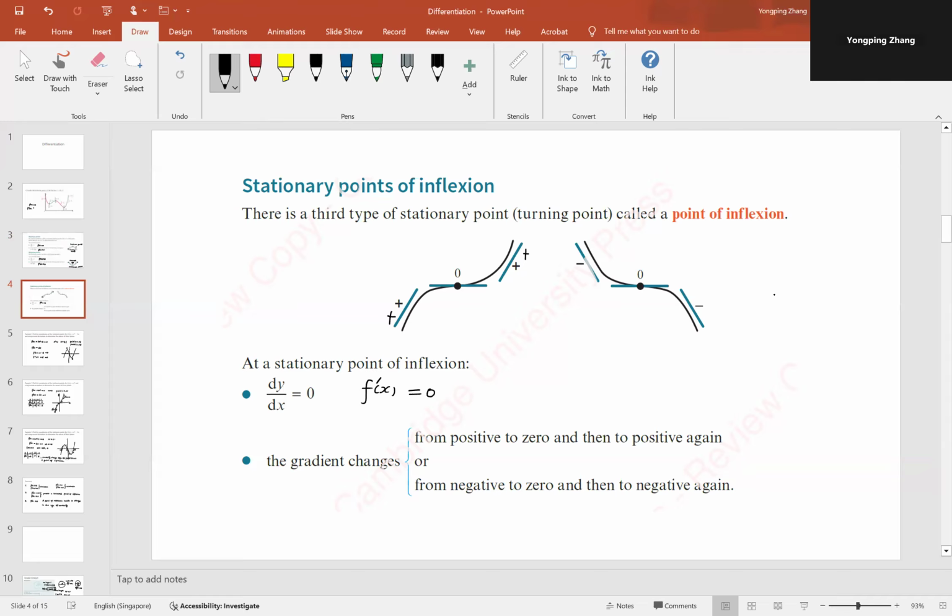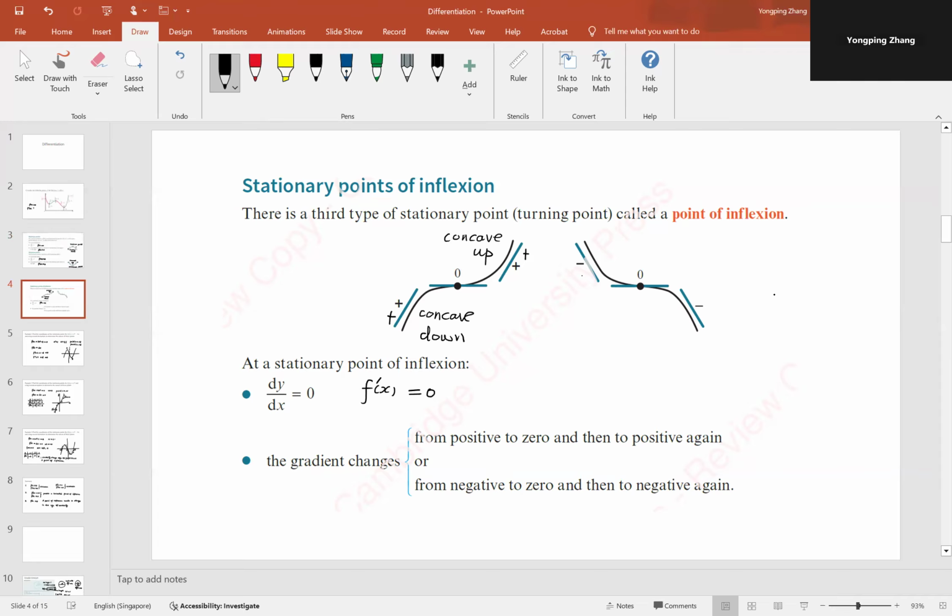For the curve, this part is concave down and this part is concave up. So the gradient is always positive to 0, then to positive. This is the inflection point.